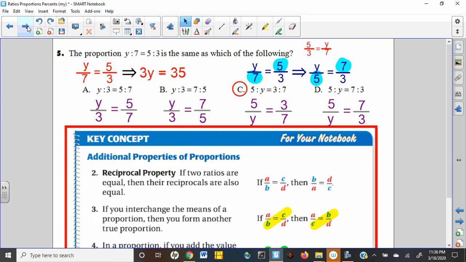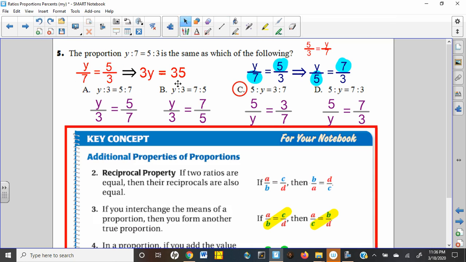Moving on, number 5. This one can be tricky unless you look at them in different ways. Instead of looking at them with the colons, let's look at them as fractions. Now, when I cross multiply the original proportion, I get 3y equals 35.